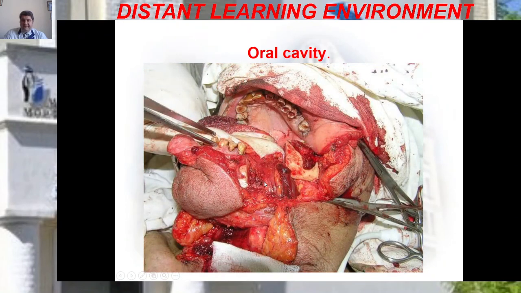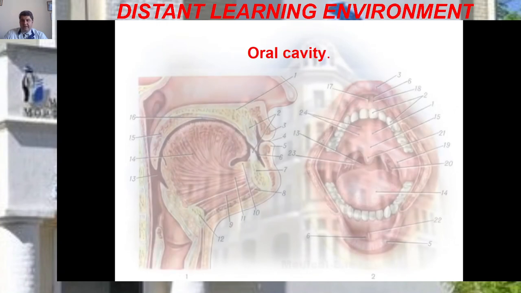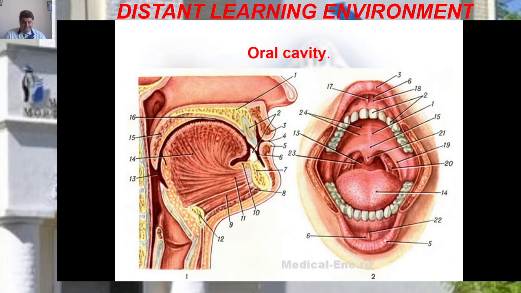Also, you may see this operation from the opposite side. So, the oral cavity is divided in two parts: the vestibule of mouth and the cavity of the mouth proper. You may see on this picture the vestibule and proper oral cavity.